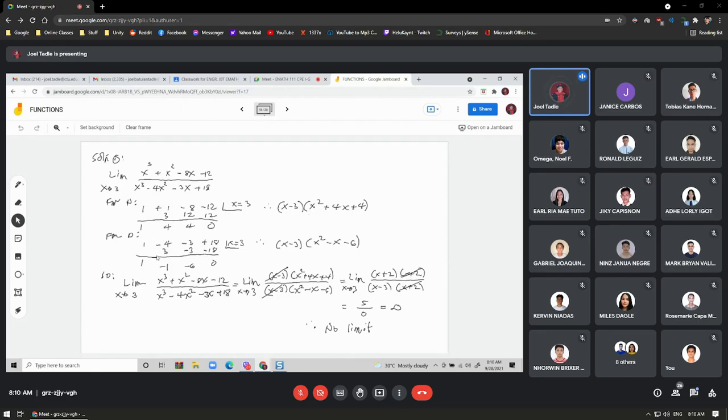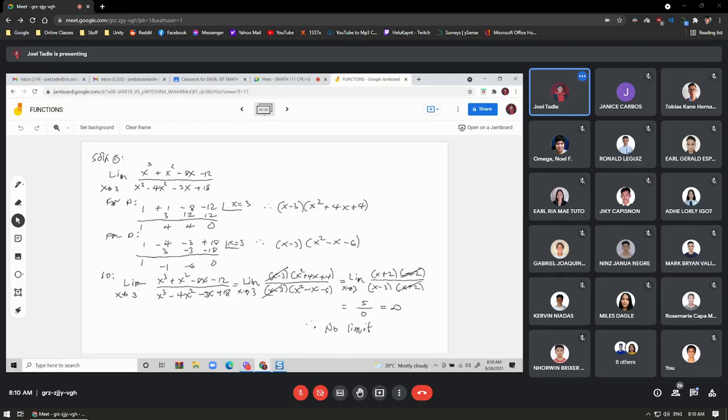4. For denominator, we have these coefficients 1, negative 4, negative 3, plus 18. Then again, we'll try x equals 3 since x will approach to 3. So we have here 3. Then bring down the first digit 1. Multiply that to the assumed number 3. So you have 3.